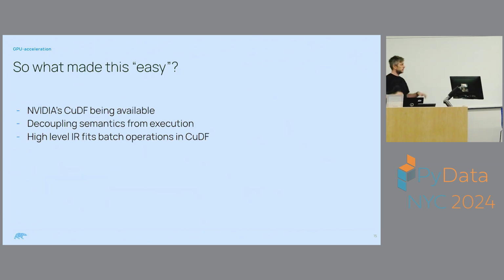So what made this easy, quote unquote? One, NVIDIA's cuDF being available. Implementing this in Rust would have been a whole sub-project that we would not have engaged in. It was too much work. NVIDIA helped a lot. We worked together. It also made it easy because we decoupled the semantics from execution and logical, and we have a high-level IR which fits batch operations in cuDF.